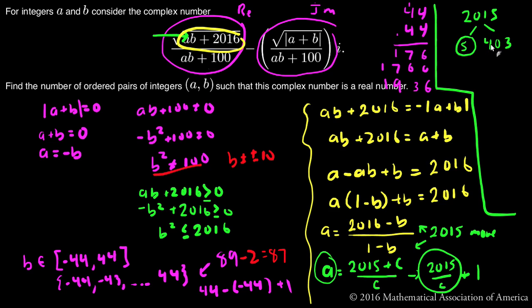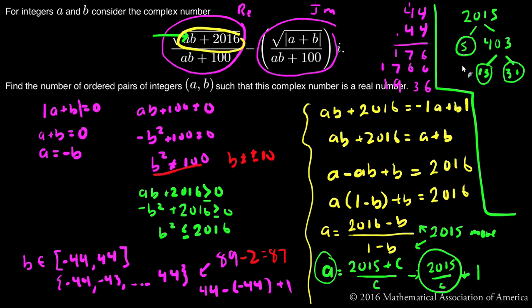I saw 13 times 30 is 390, so 13 times 31 will give me 403. And so every possible factor of 2015 will be some product of these.